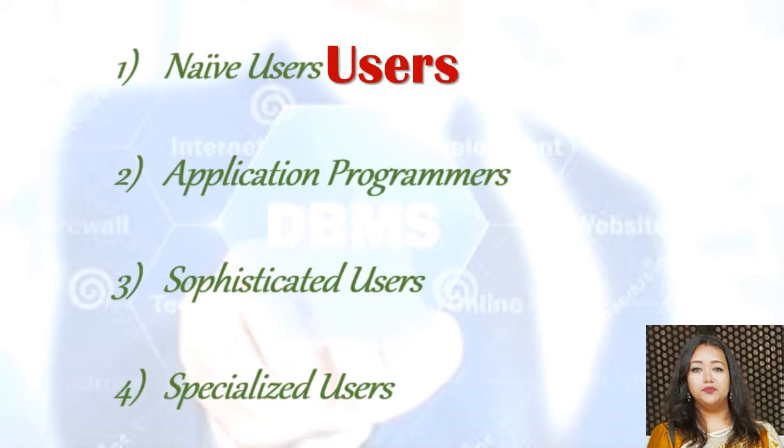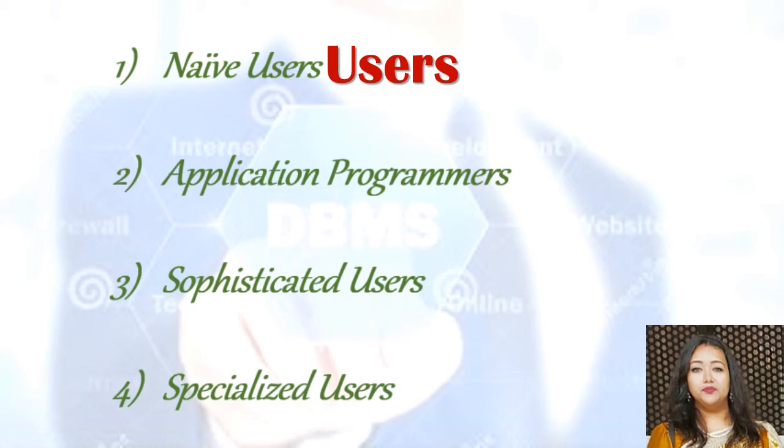There are 4 different types of database system users, differentiated by the way they expect to interact with the system. Naive users are unsophisticated users who interact with the system by invoking one of the application programs that have been written previously.